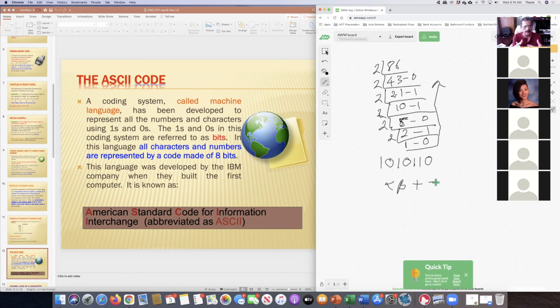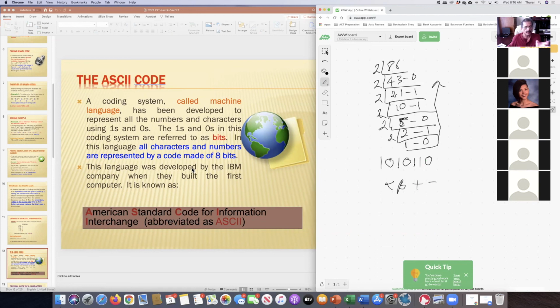And each one of those codes has 8 bits, 8 zeros and ones. So always characters have 8-bit code, but the numbers, depending on the size of the number, it may be more than 8-bit. So we'll be discussing numbers a little bit more later in the next section, but right now we'll understand the ASCII codes for the characters.